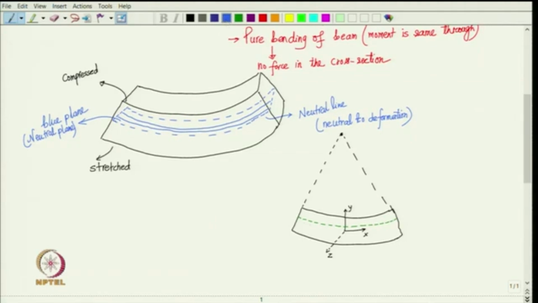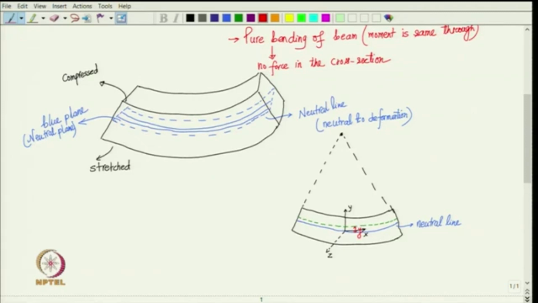So, we have this neutral line also here, and we do not know where exactly it is. It has to be somewhere in between the top and bottom surface. So, that is the neutral line. But then any arbitrary longitudinal line denoted by this green line here, we want to know how much is the stretch in that line. So, we say that this is at a distance y above from the neutral line.